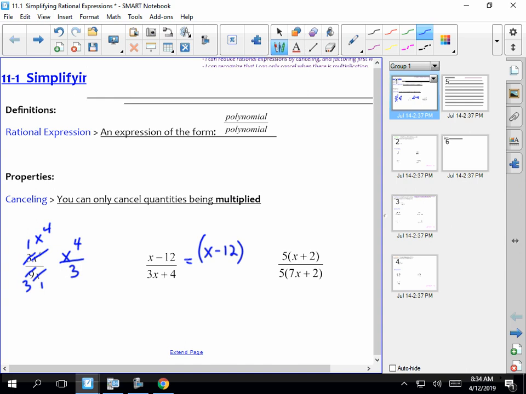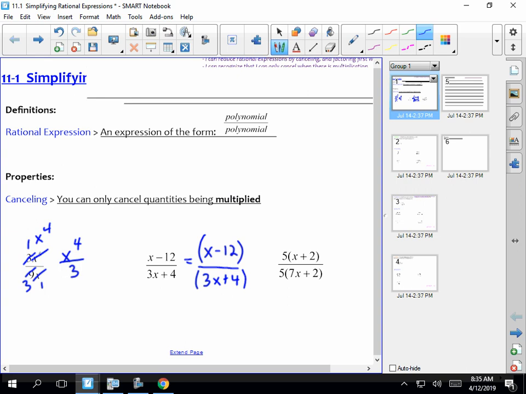The bottom here, is there anything that I could do to factor that? 3x and 4. Anything common to 3x or 4? Besides 1, no. So I just have 3x plus 4. And so you take them as full units. x minus 12, 3x plus 4. Unless these match, you cannot cancel them. So there's no canceling that can happen in this problem. It's as simple as it can be.